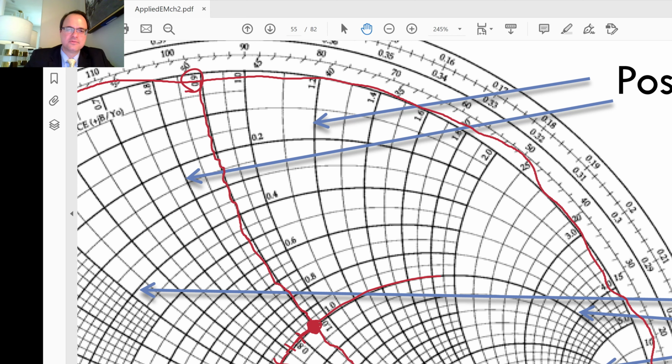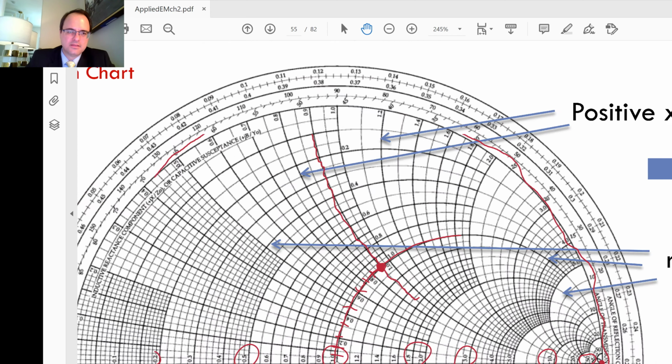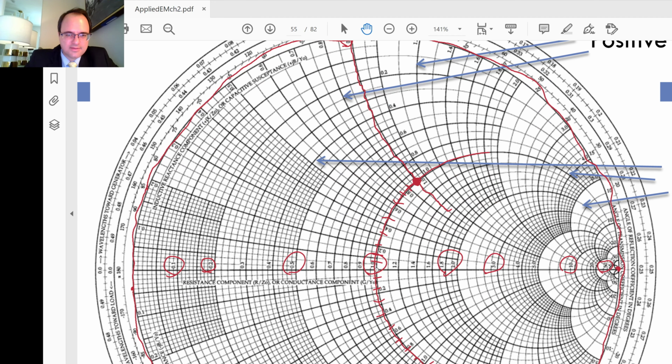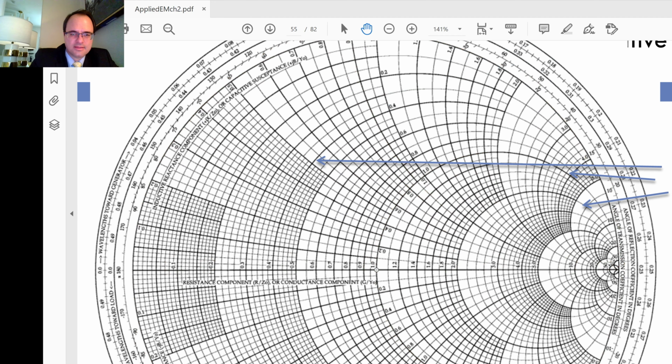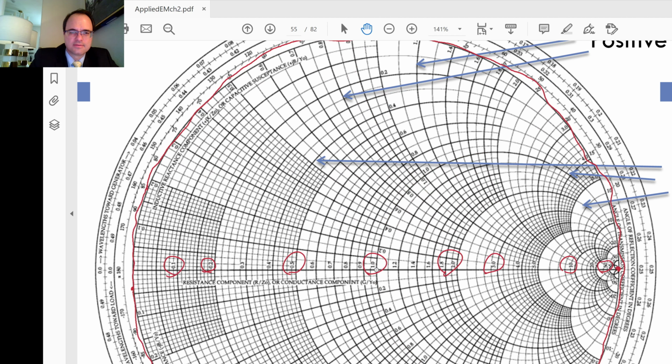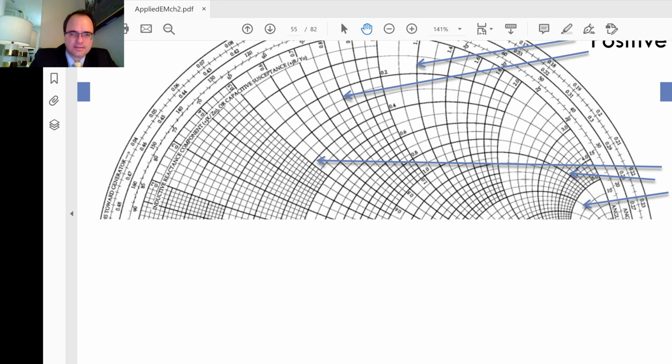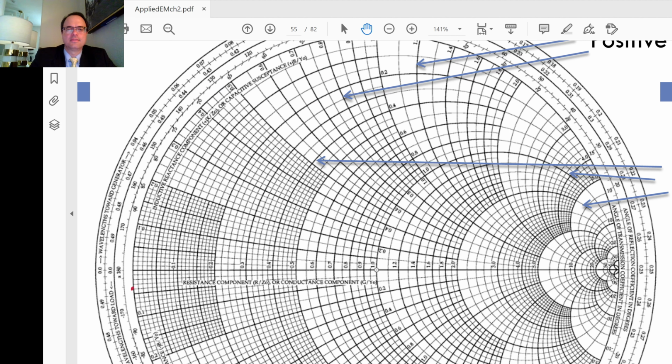And then from that, we can find the reflection coefficient. Now, the reflection coefficient is that.